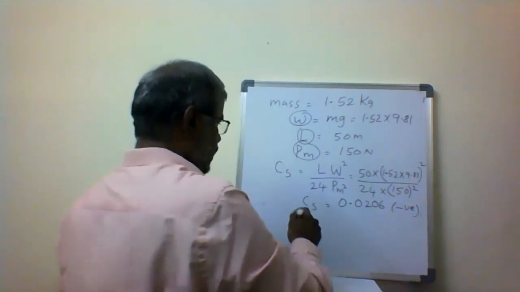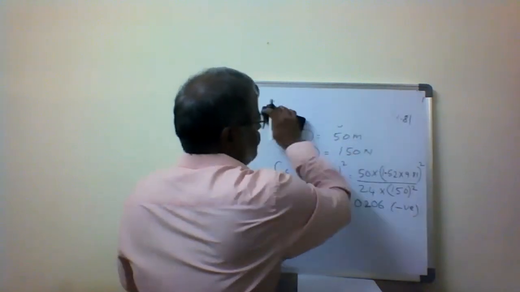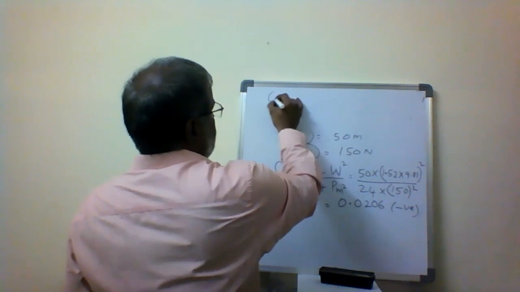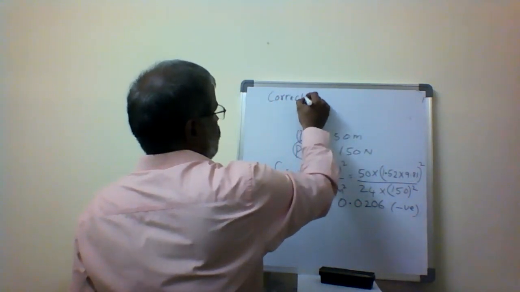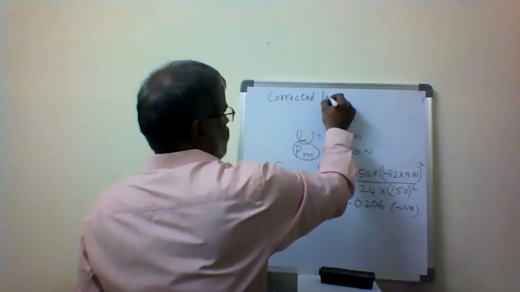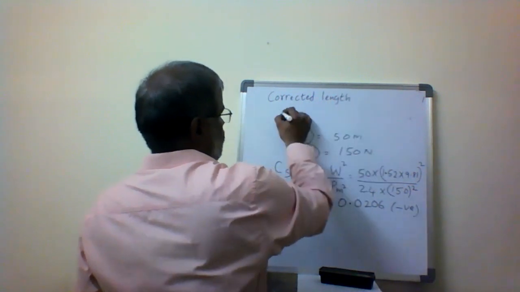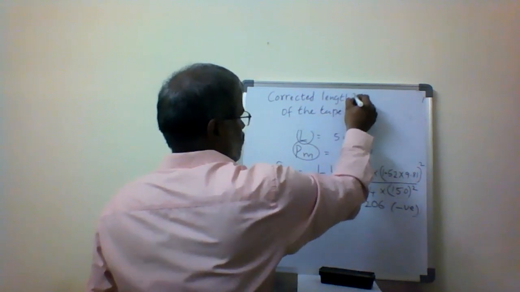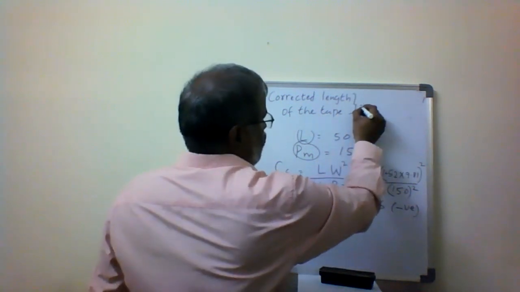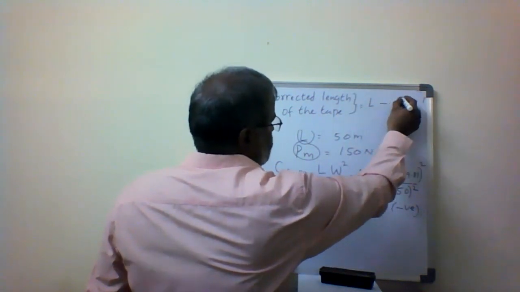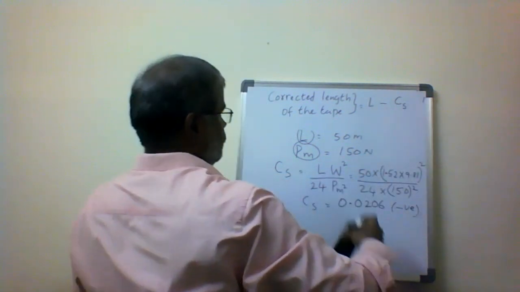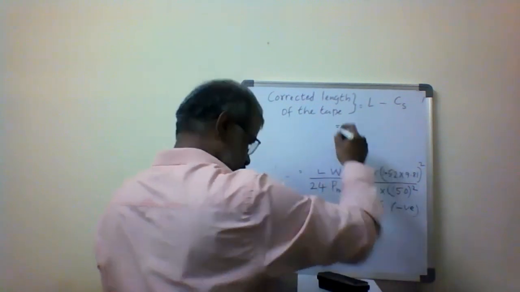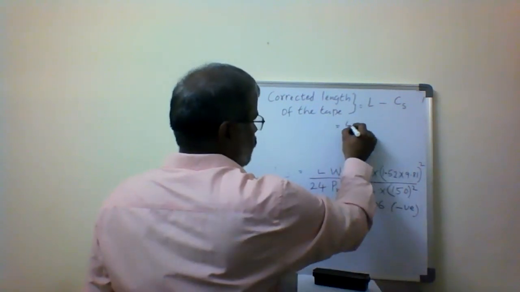Then we have to calculate the correct length of the tape. Correct length of the tape equals L minus Cs. L is 50.